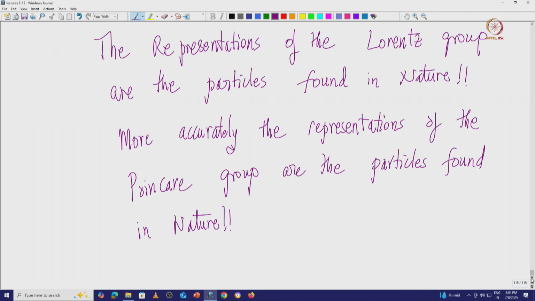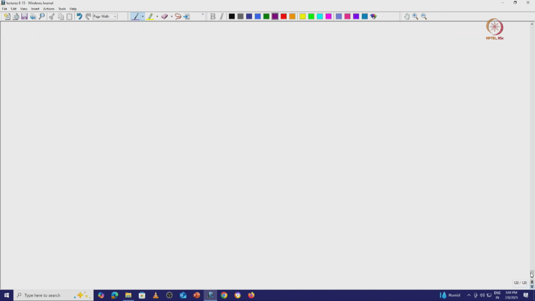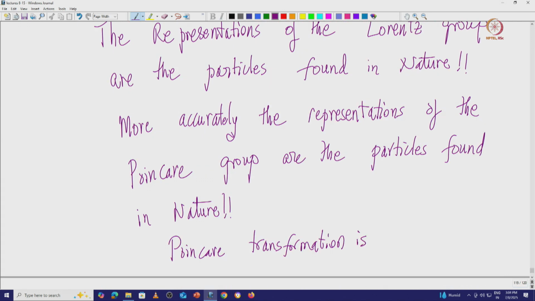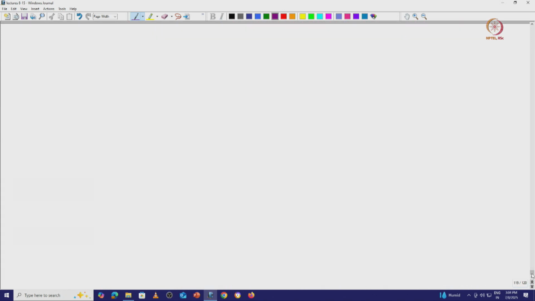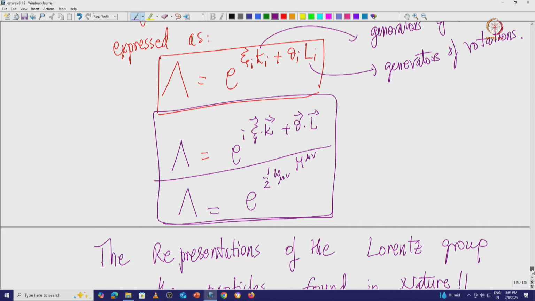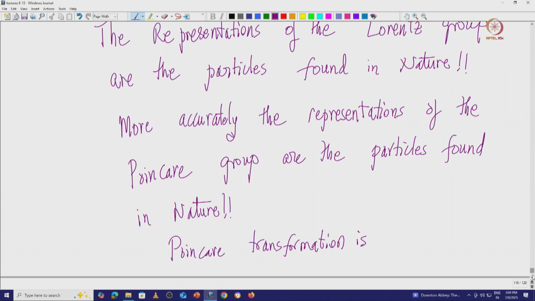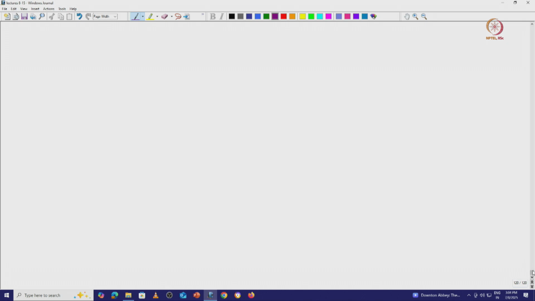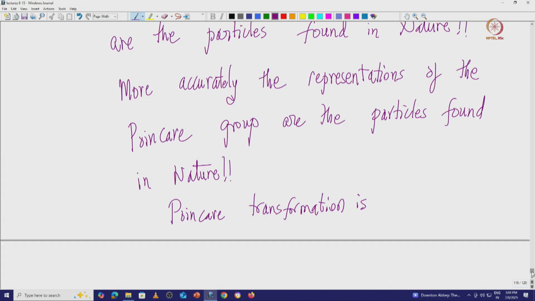A Poincare transformation is lambda tilde mu equal to lambda mu plus a mu.